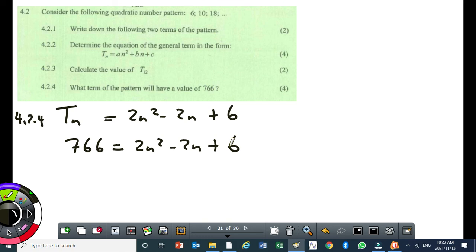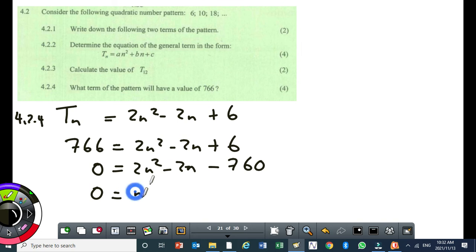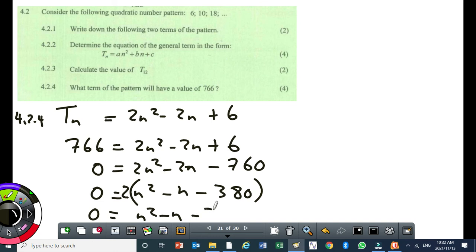Then we take the 766 to the right, we get 2n squared minus 2n, then this becomes minus 760. There's a common factor here which is a 2. Before I do that, let me take out the common factor. Minus 380. Right? So it means 0 is equal to n squared minus n minus 380.